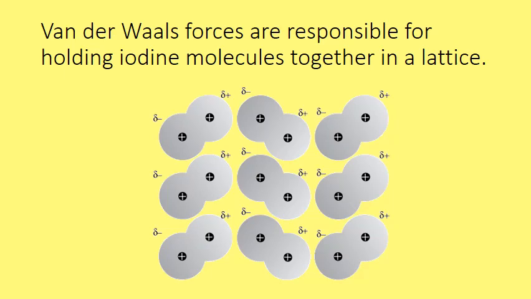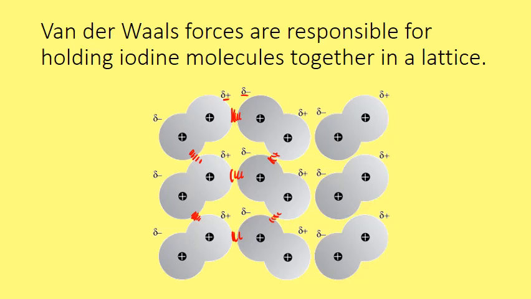And you can see the delta positive here and the delta minus here, so the electrostatic attraction would be here and here and here, and also between this negative end and that positive end, and this negative end and that positive end, etc. You can see how these bonds are going to keep that structure together, like that.